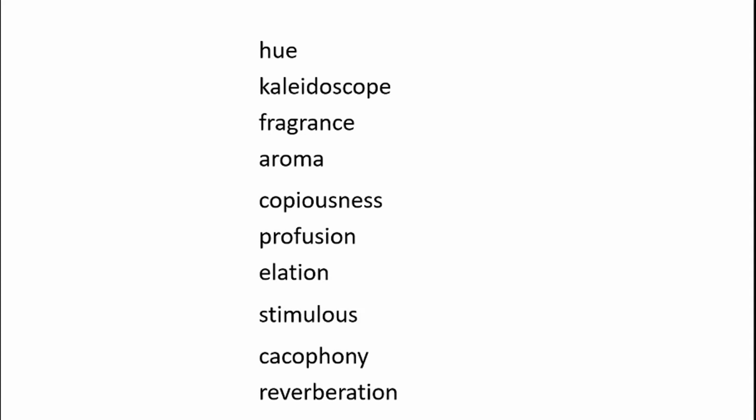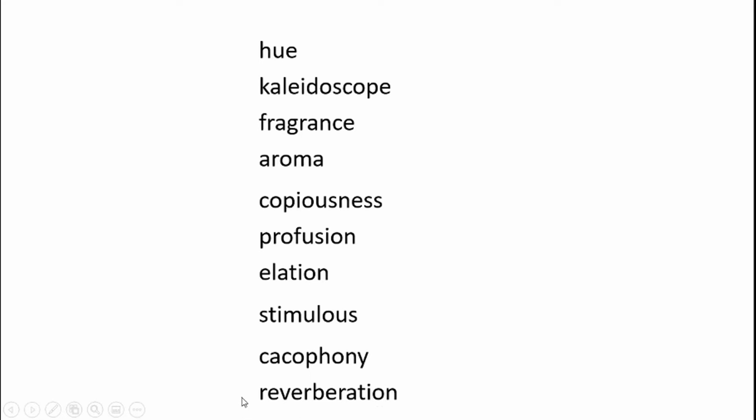Okay, so let's have a look at those spellings. So here's the 10 words. So we have hue there, kaleidoscope, fragrance, aroma, copiousness, profusion, elation, stimulus, cacophony, and reverberation.